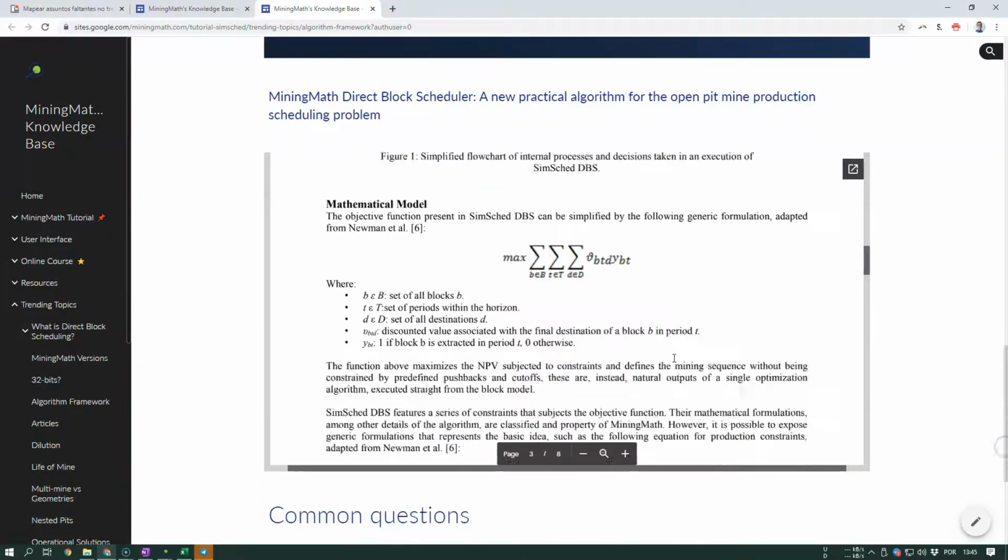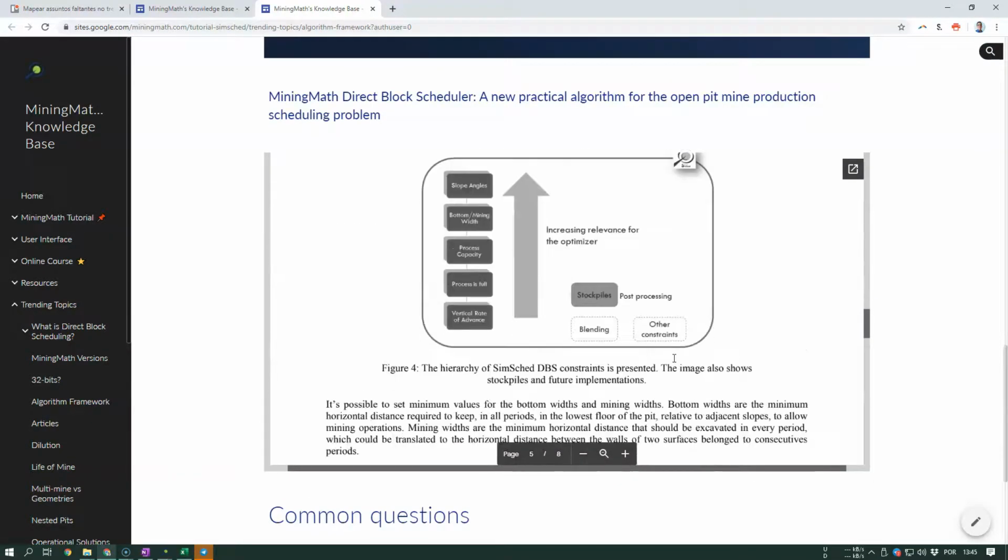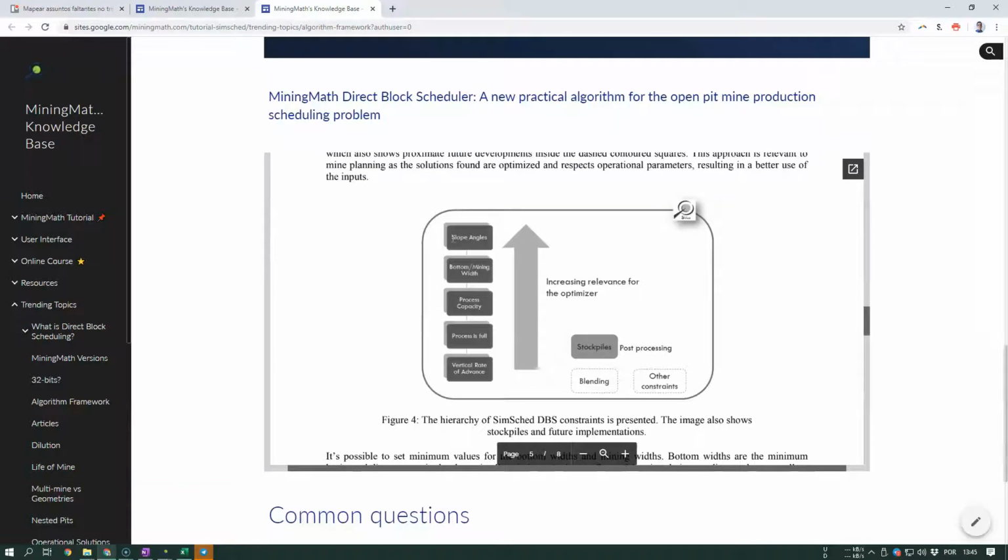But getting back to the hierarchy of constraints, we should understand that, for example, slope angles are one of the most important, or actually the most important, constraints to not be relaxed. Our methodology uses a surface constrained shadowing approach, which allows us to eliminate geotechnical errors from the block precedences method.